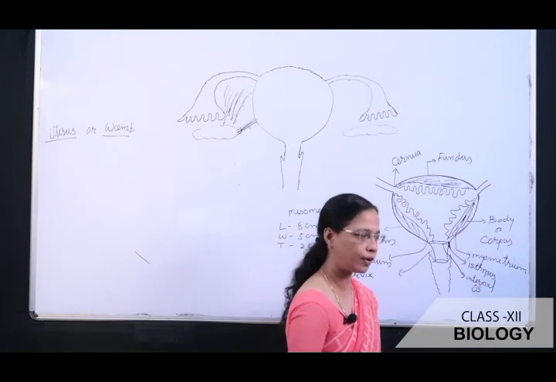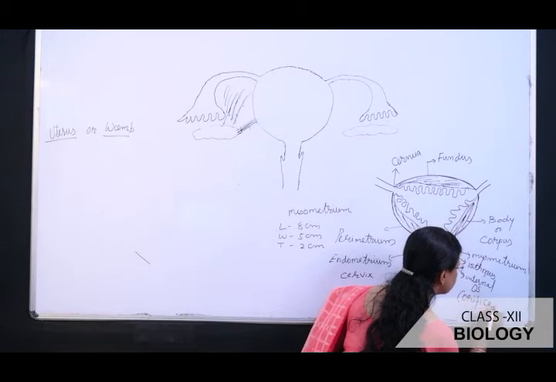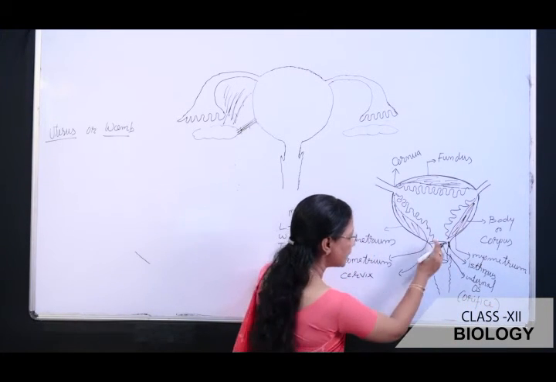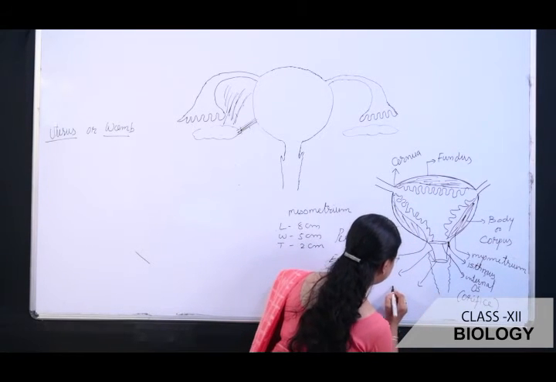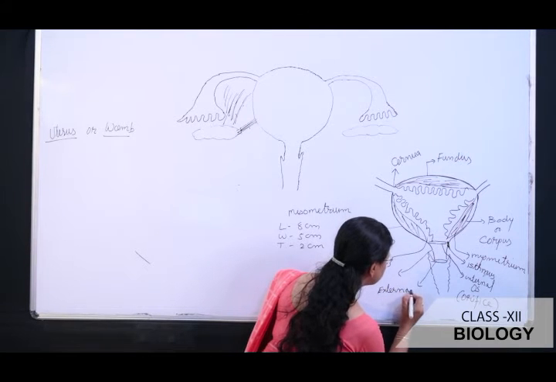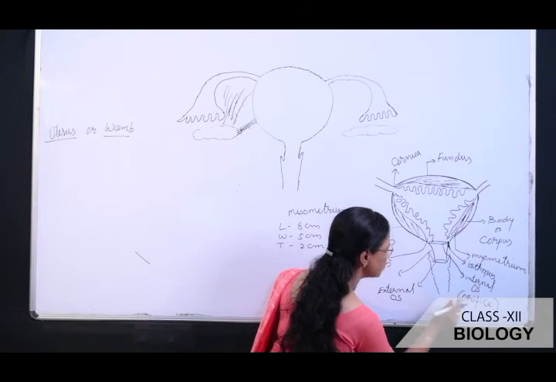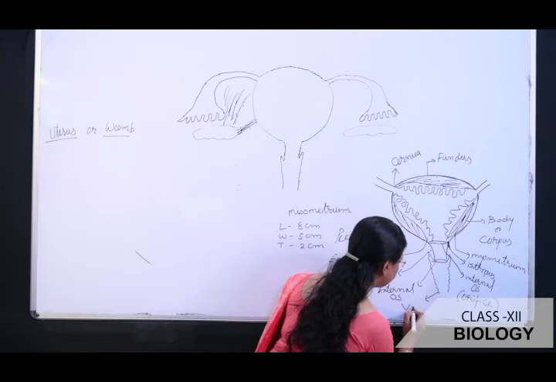OS means orifice. It communicates with the uterus, and now this region is the external OS. OS means orifice, it communicates with the vagina.